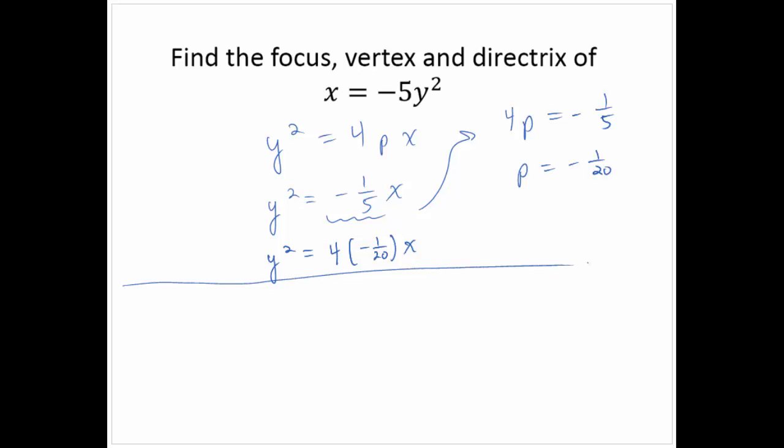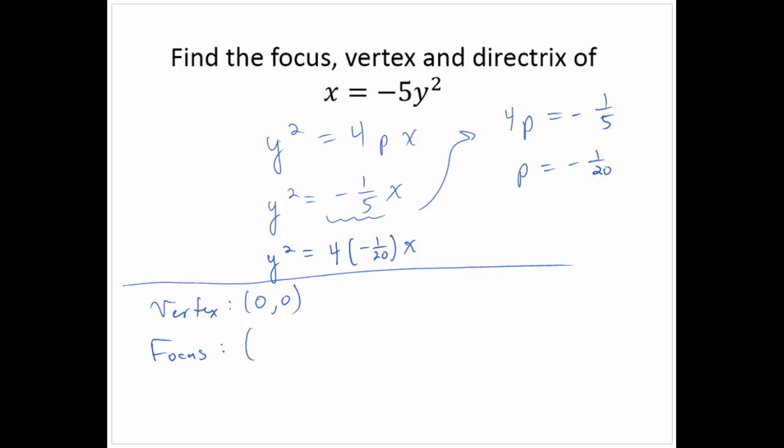Well, the vertex is (0, 0), since there are no shifts in this, and we'll talk about shifts in the next slide. Now, since the p-value is negative 1/20, the focus is (p, 0).